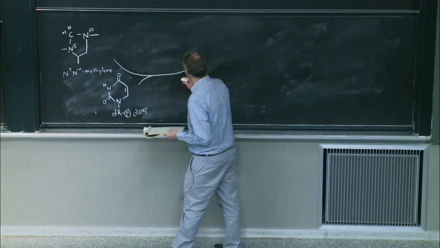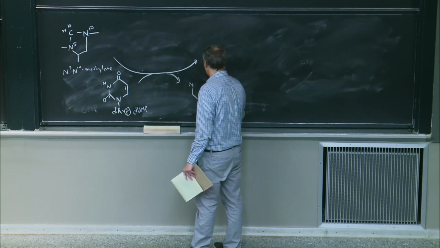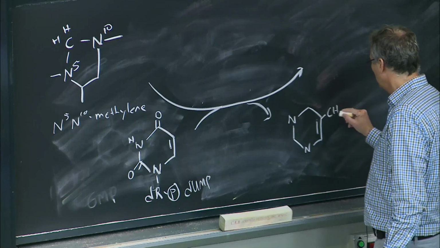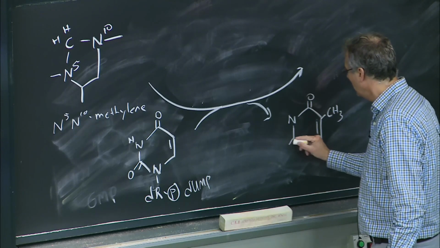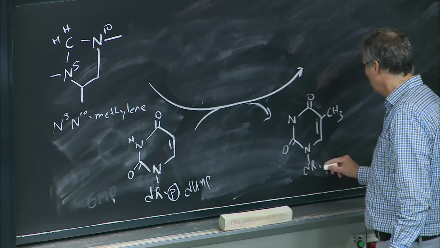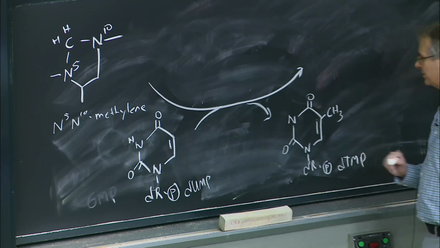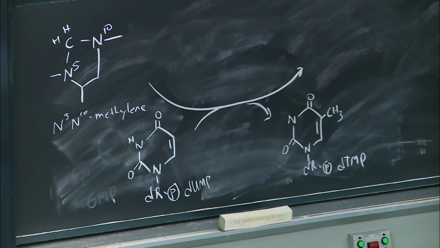Okay, so we're going to add a methyl group there. And this is going to give me dTMP. All right, this is what thymidylate synthase does.